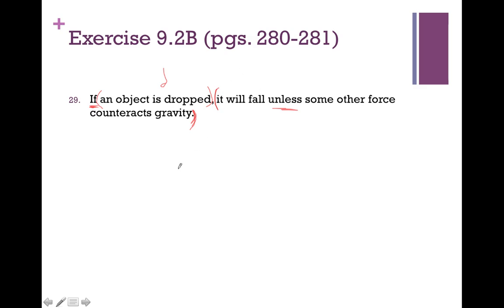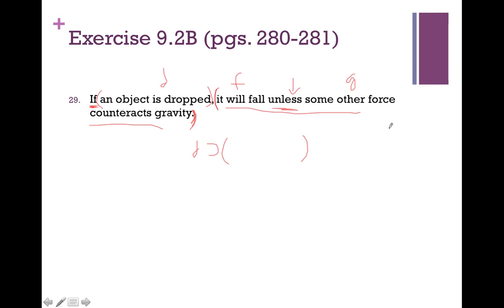If D, then, and it's this entire thing right here. This entire thing that I'm going to underline goes in these parentheses. Now, the reason I've left it open is due to the fact that we have another conditional embedded in here. It will fall. Let's use an F to represent fall, unless some other force counteracts gravity. I'm going to use a G to represent gravity.